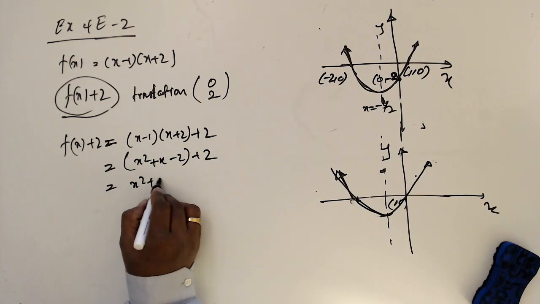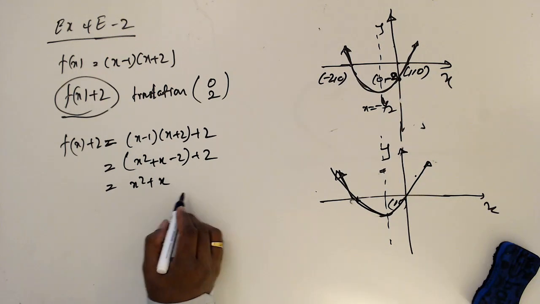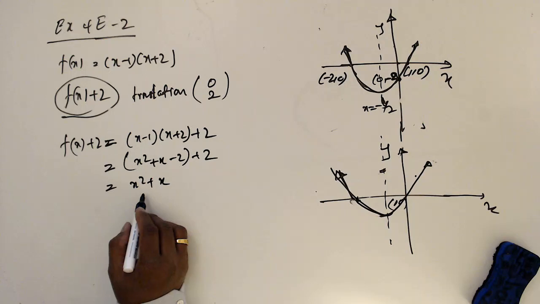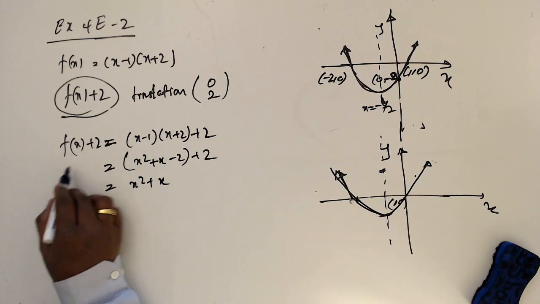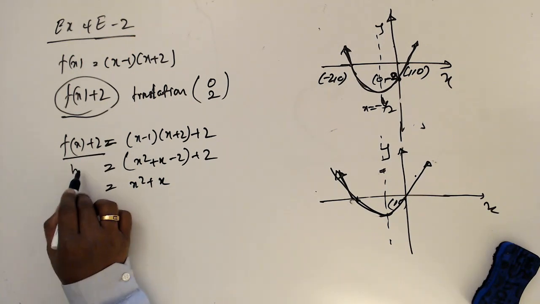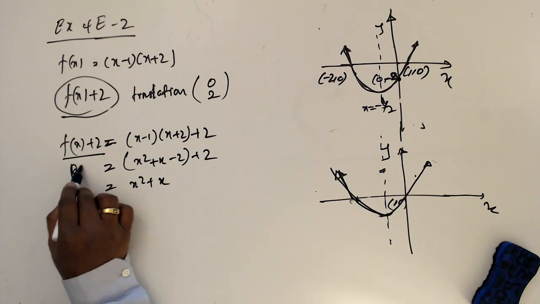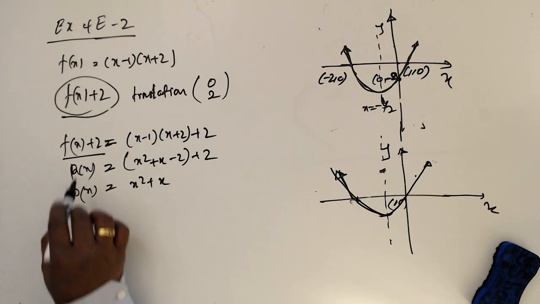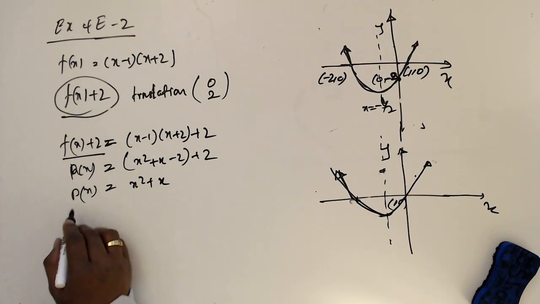So x squared plus x, minus 2 plus 2 cancel out, and instead of writing this I will take p(x). So this is the p(x) curve, same as f(x) plus 2.